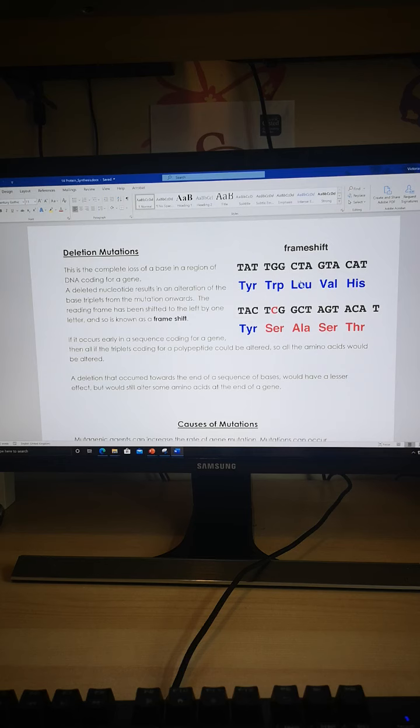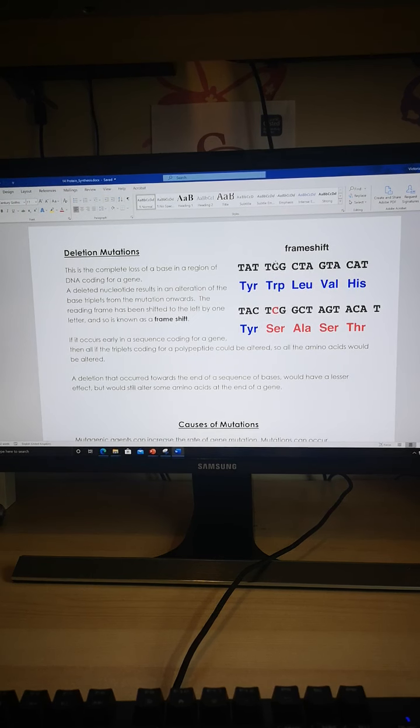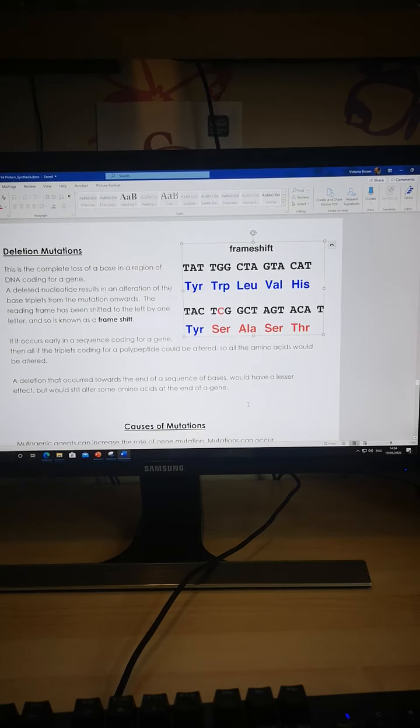Let's see this example here. Okay, so here at this position, this G... excuse me, I've just had to pause the video because I've realised that this picture here in your keynotes is an addition mutation, and I'll talk to you about addition mutations in a moment. So do you want to just put a little bracket around it and put addition?